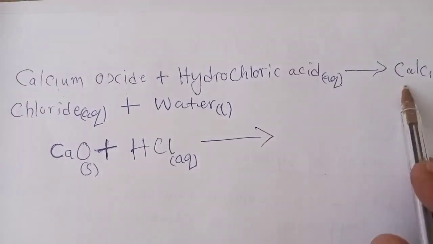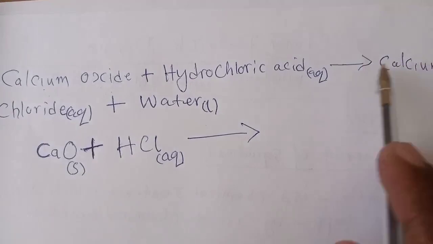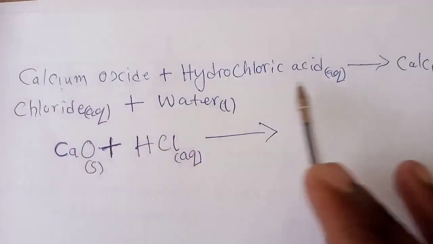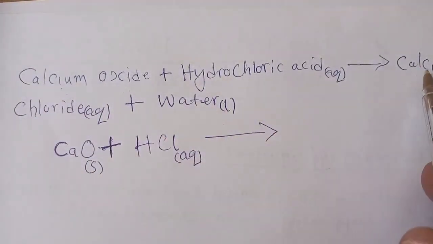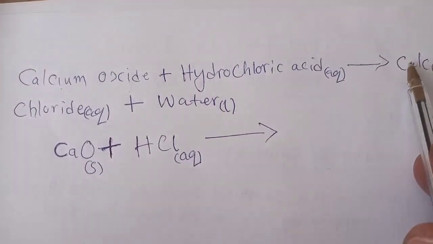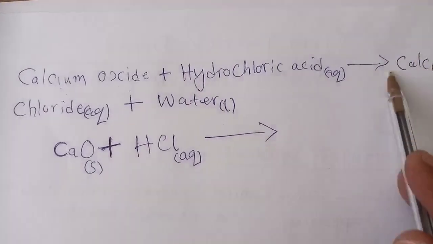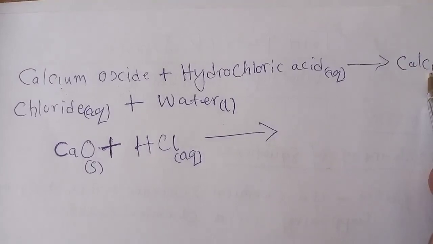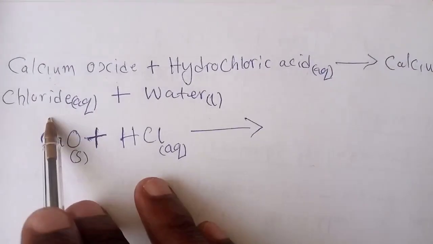What is produced? They are saying that calcium chloride is produced, meaning that calcium and chlorine are produced. Calcium has a valence of 2. Chlorine has a valence of 1.